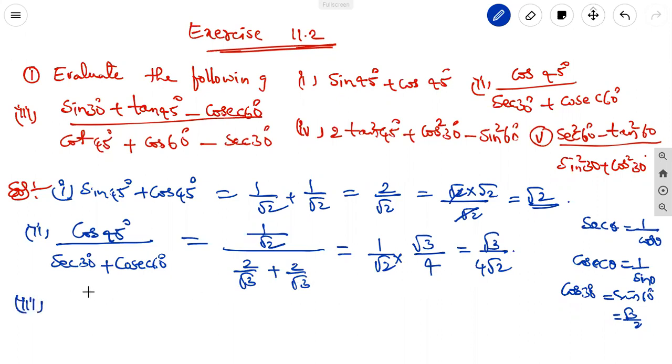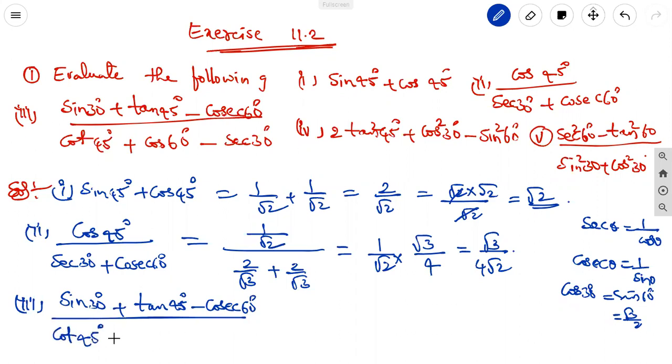Third one is sin 30 degrees plus tan 45 degrees minus cosec 60 degrees by cot 45 degrees plus cos 60 degrees minus secant 30 degrees.